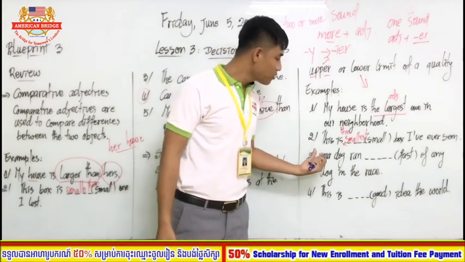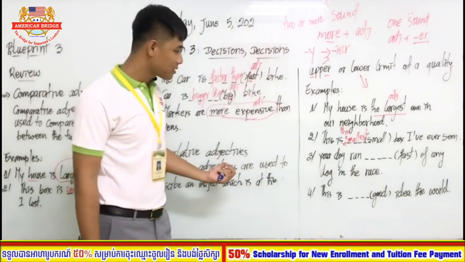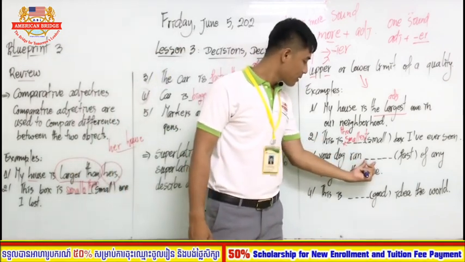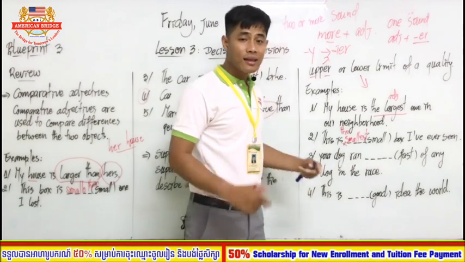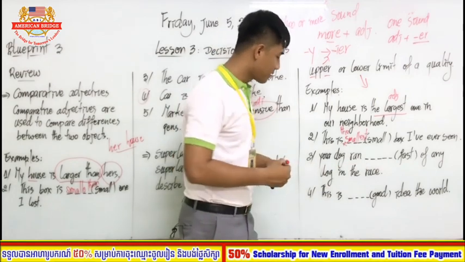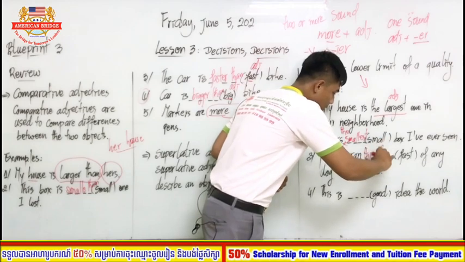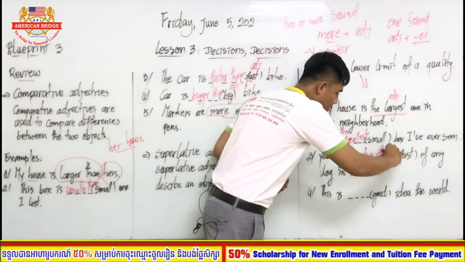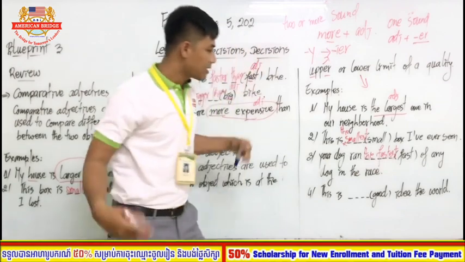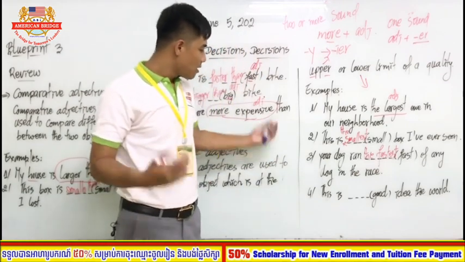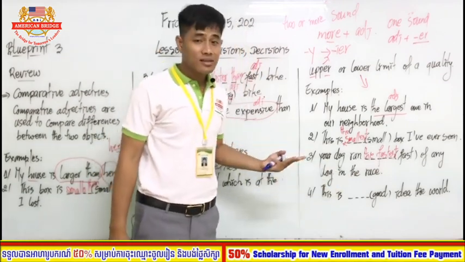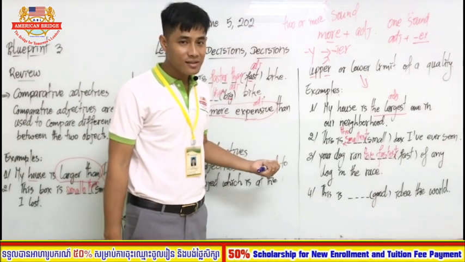So we can use the superlative adjective: ran the fastest. Okay, good. The fastest of any dog in the race. You got this?